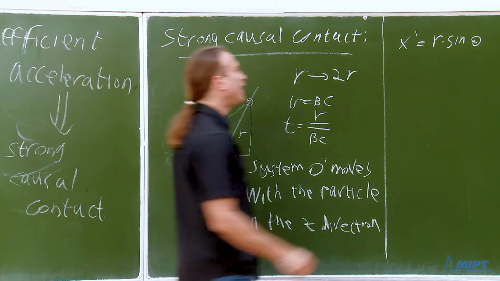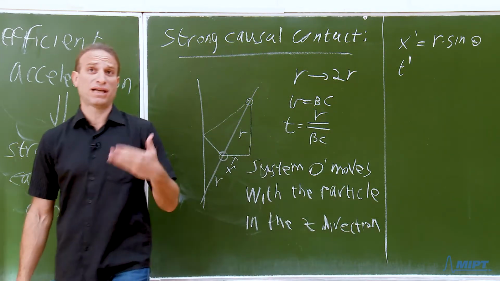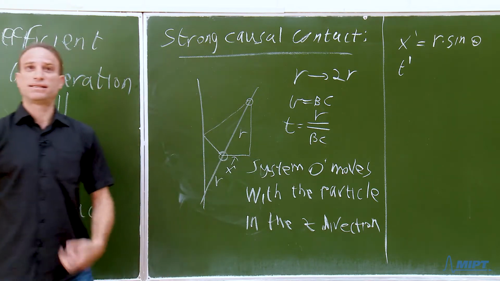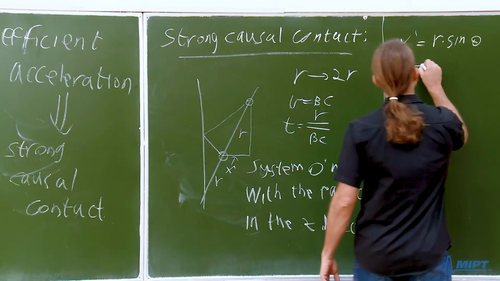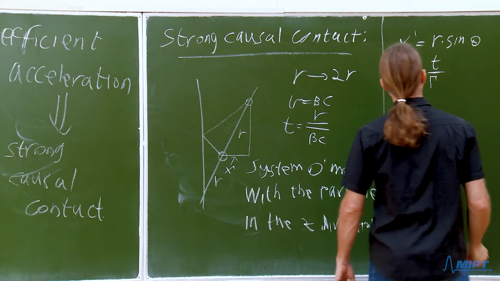And the time that the particle is moving, remember, we're measuring time within the O tag system, the rest frame. This time is just t divided by gamma.